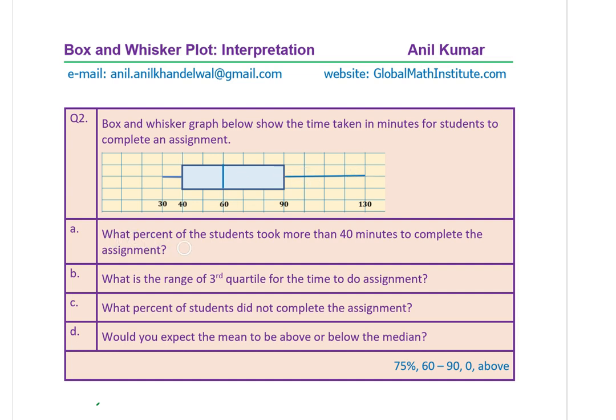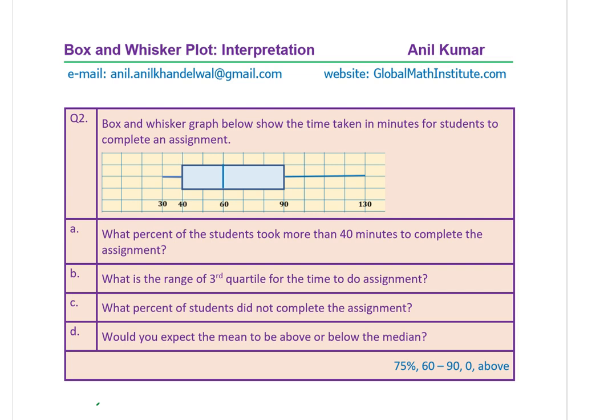First, what percent of students took more than 40 minutes to complete the assignment? What is the range of the third quartile for the time to do the assignment? What percent of the students did not complete the assignment? Would you expect the mean to be above or below the median?